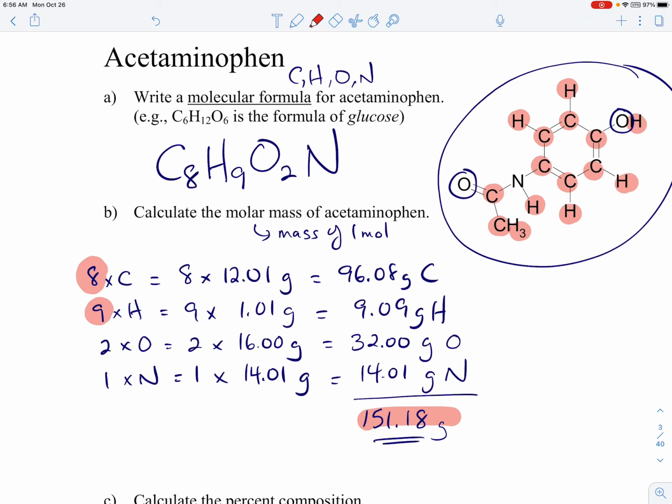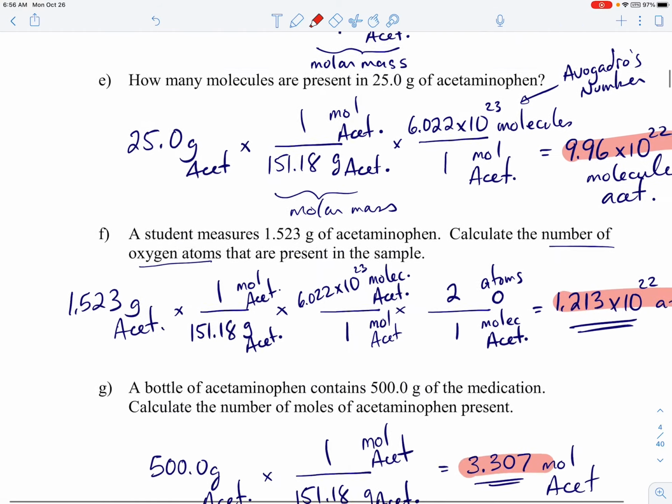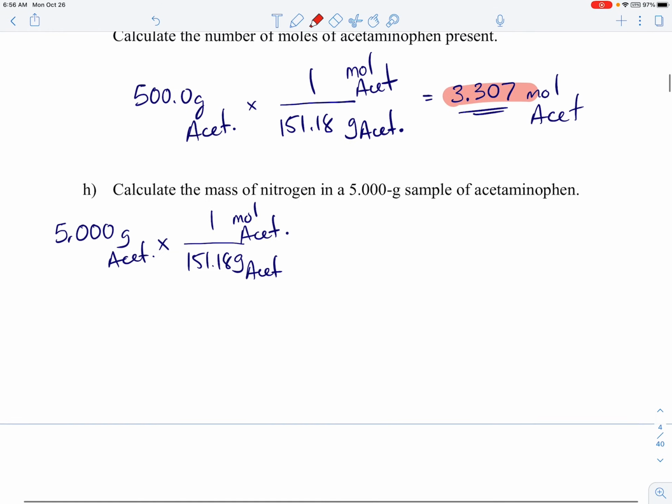Notice every time I did that, if I said that there were 2 moles of oxygen in 1 mole of acetaminophen, well, that's a unit multiplier, isn't it? So 1 mole of nitrogen is in 1 mole of acetaminophen because the chemical formula has just 1 nitrogen in it.